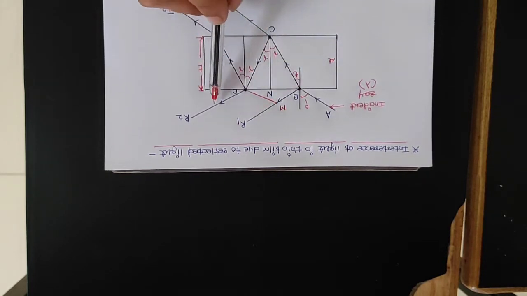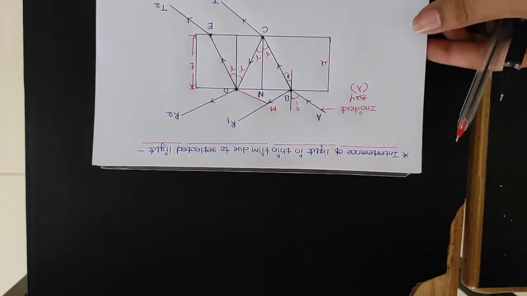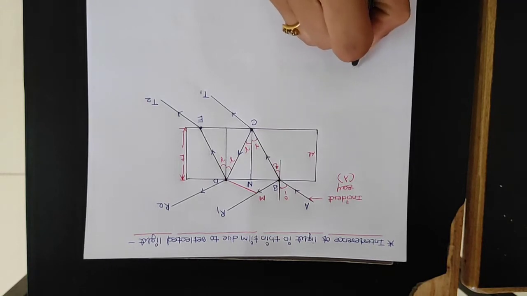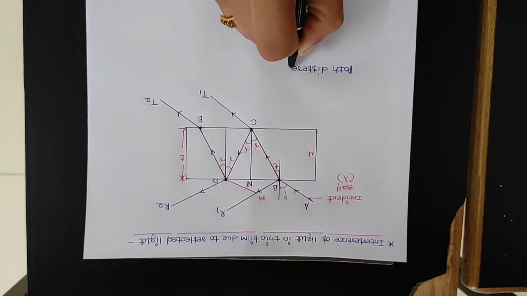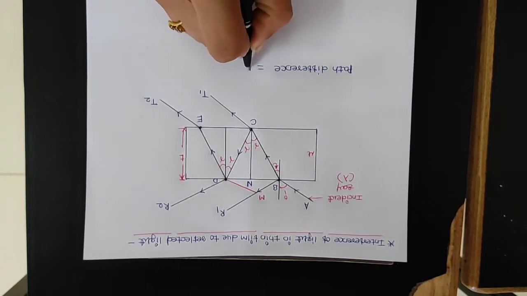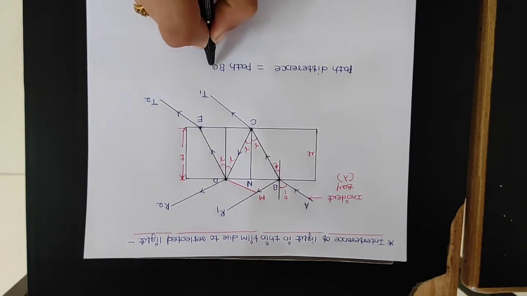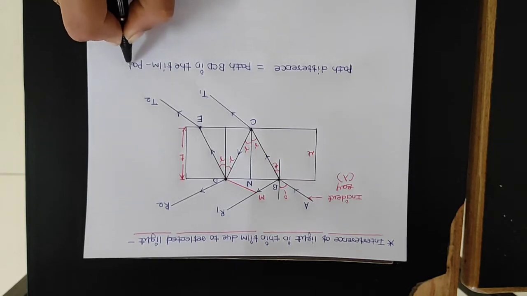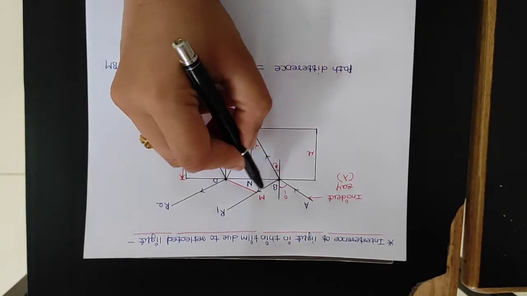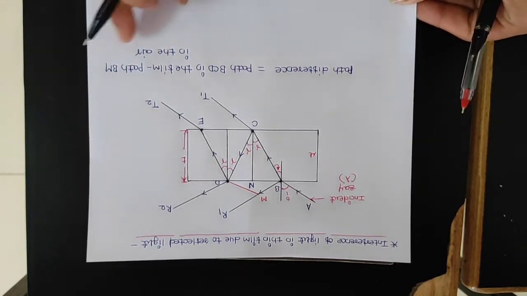Therefore, we can write path difference between the rays is equal to path produced BCD in the film minus path BM in the air. Understood? Now this is the path difference between these two rays.